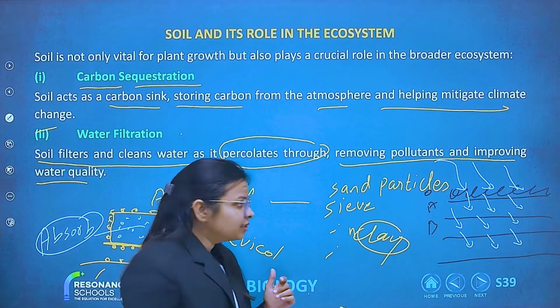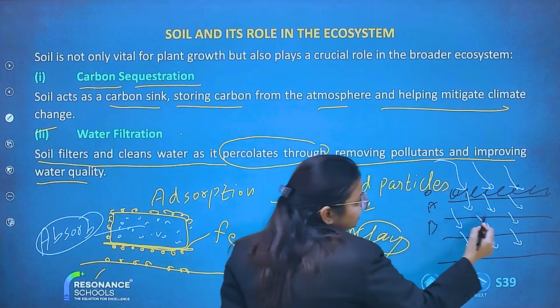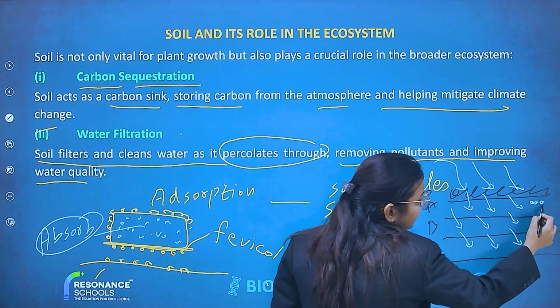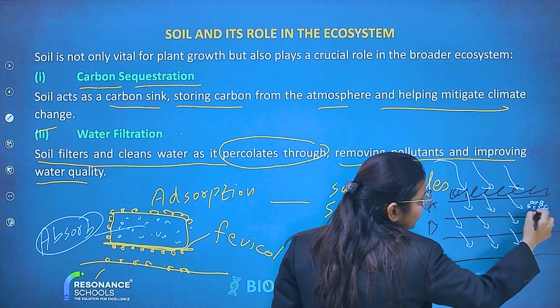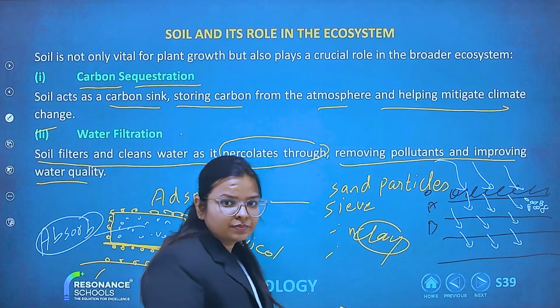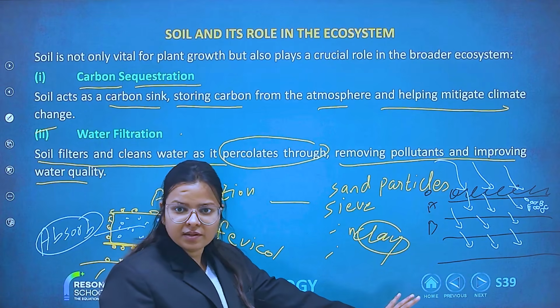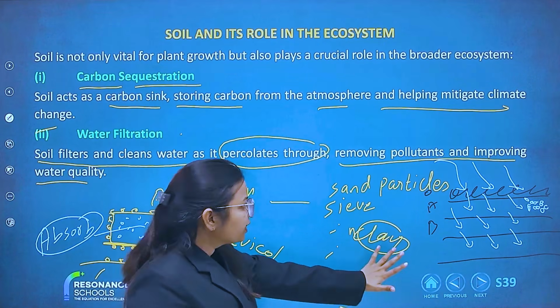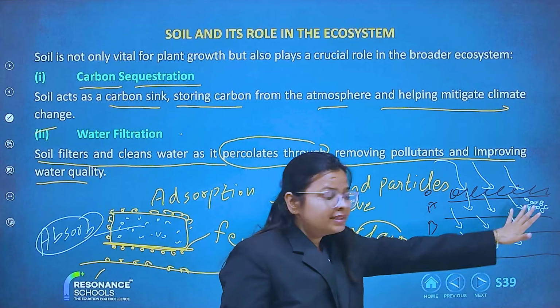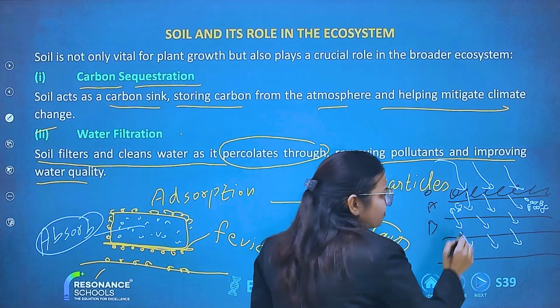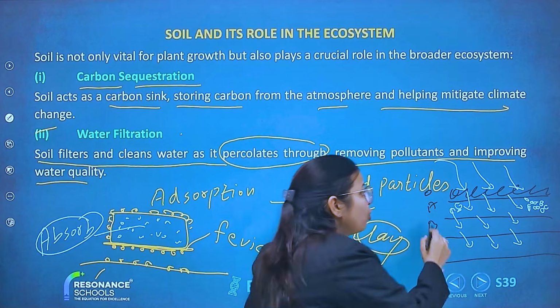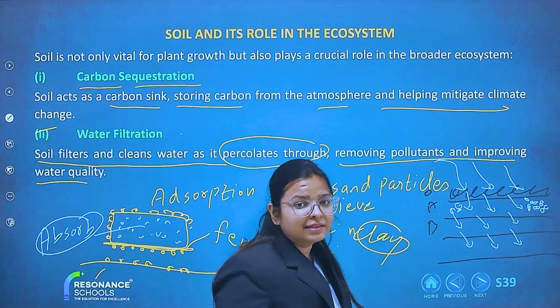Now your doubt was that, ma'am, let's say here are the clay particles. I am making clay particles here. Can you see the clay particles? Is it visible to you? Okay. So let's say these are your clay particles. I am not saying that this whole layer is filled with clay particles.